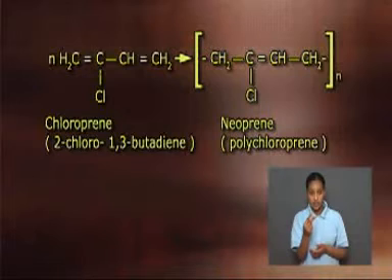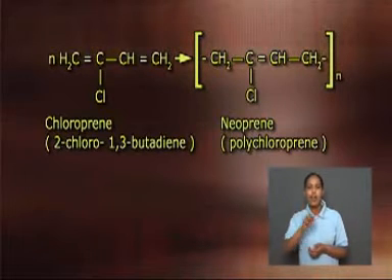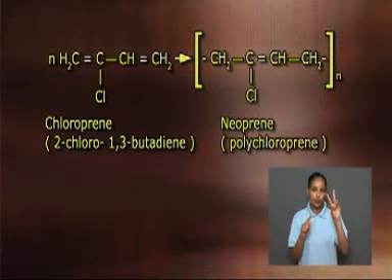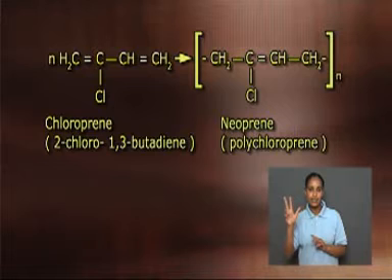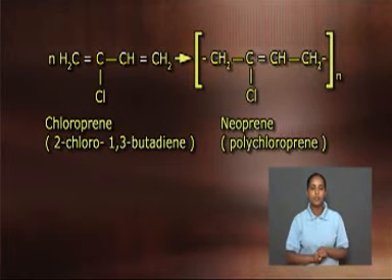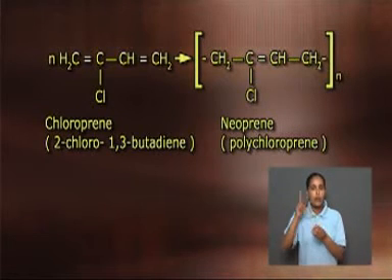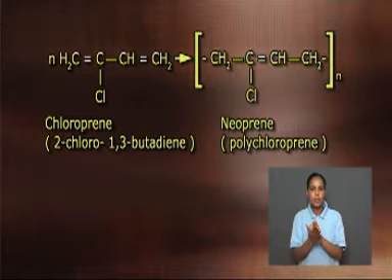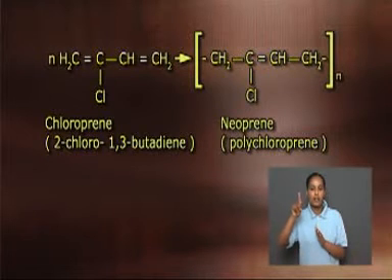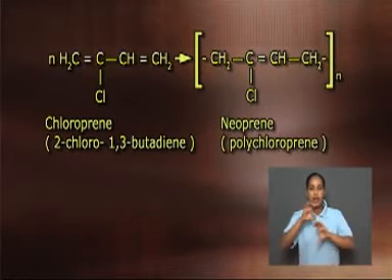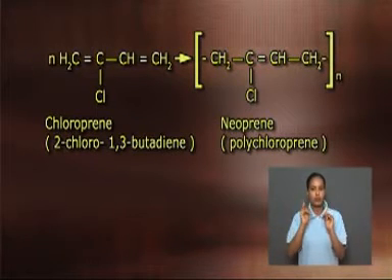As you can see, chloroprene is the other name for 2-chloro-1,3-butadiene. Through addition polymerization, it becomes neoprene. Does your chemical equation look like mine? I hope so. After the class, compare your equation with those of your classmates to make sure that everyone understands the reaction.